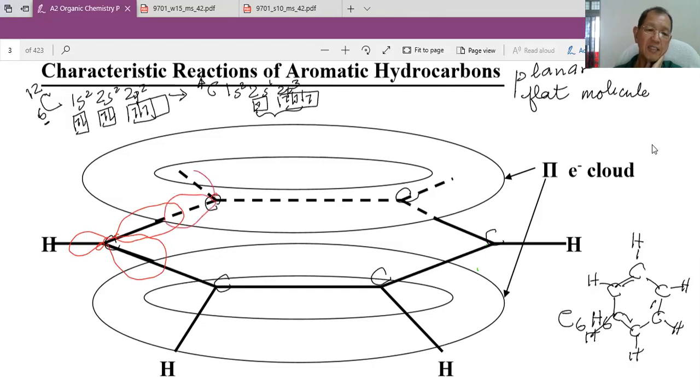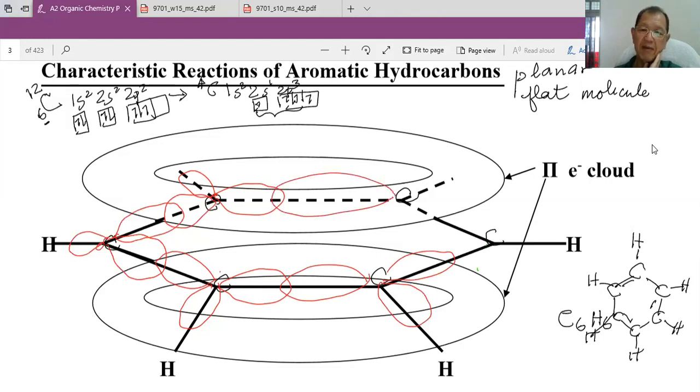Same for this carbon here, sp2, sp2. Same for this carbon, I'm going to draw a bit bigger so it shows up. Same here, I just draw a bit bigger to overlap. sp2, sp2, same sp2, sp2, sp2.